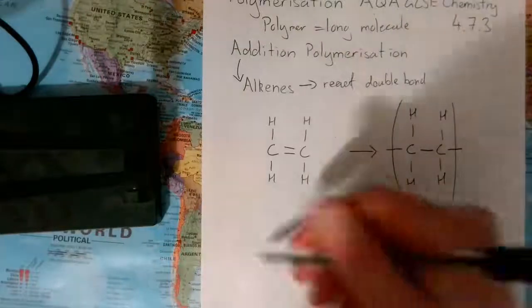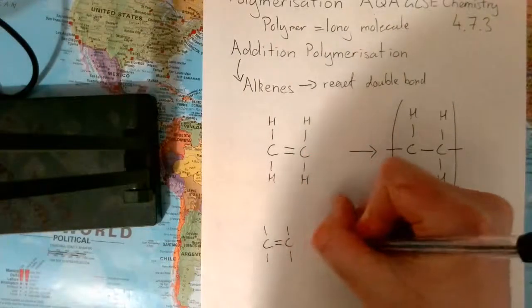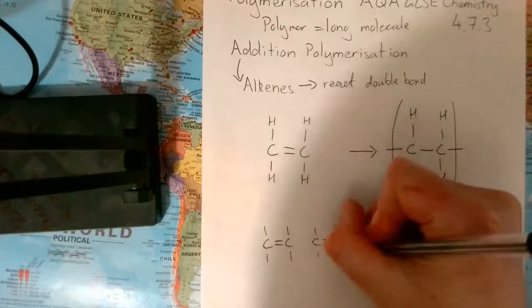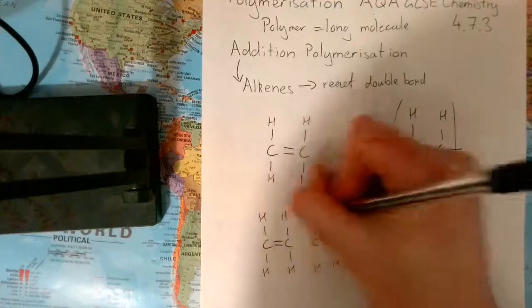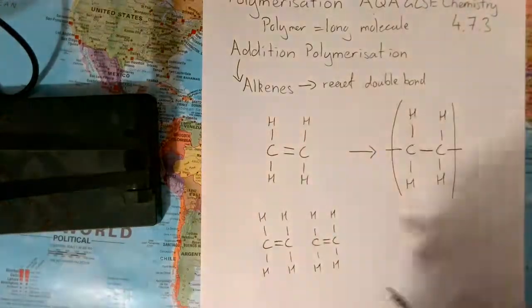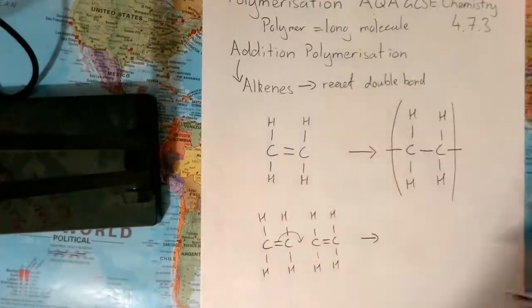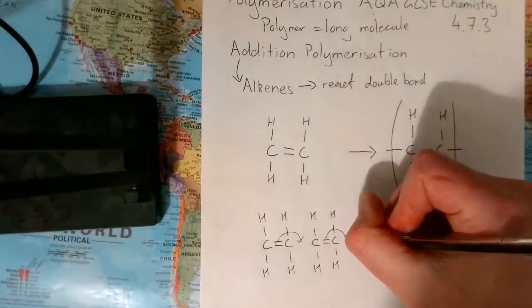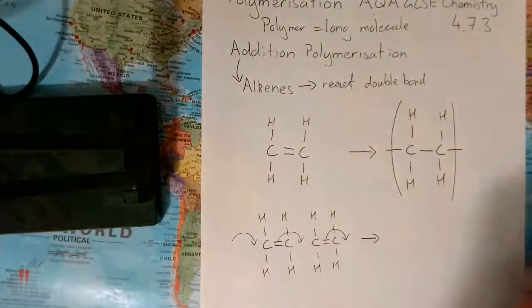So if I show you here, here are two of our starting alkene, and what would happen is this bond is going to break and form a new bond in here, and this bond is going to break and form a new bond here, and for my molecule I haven't drawn, there's another one forming there.